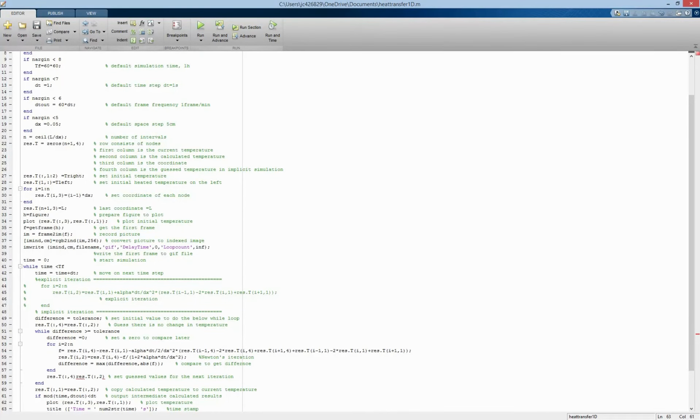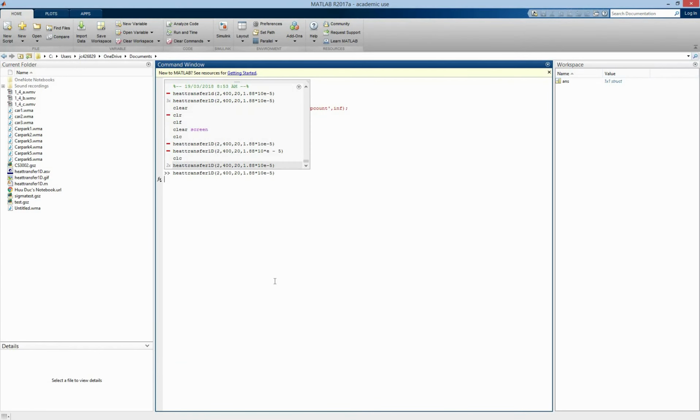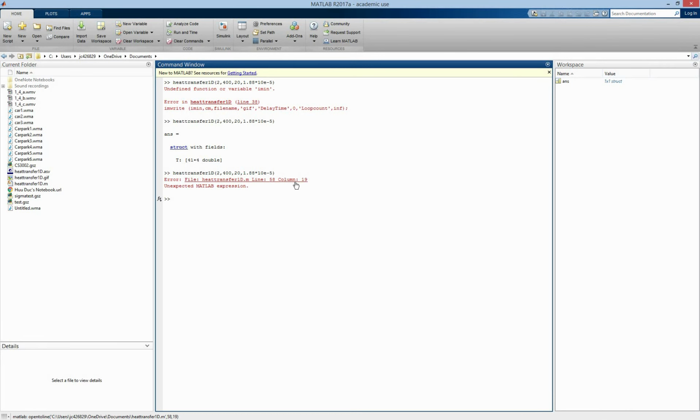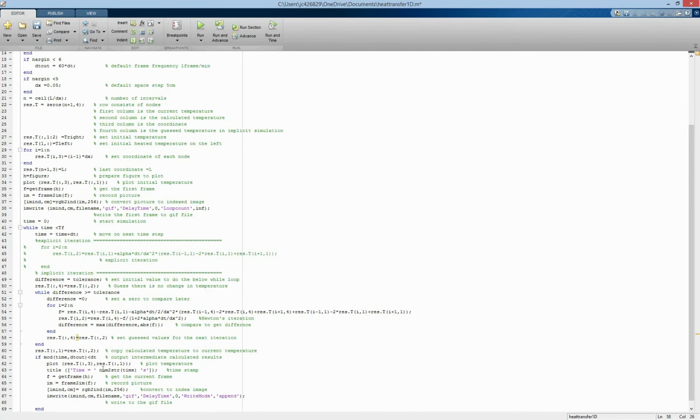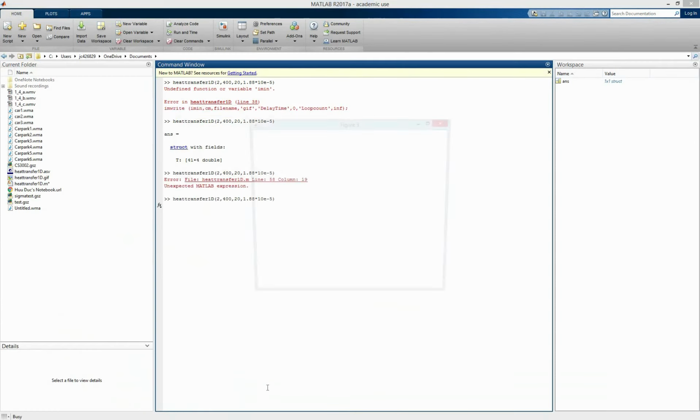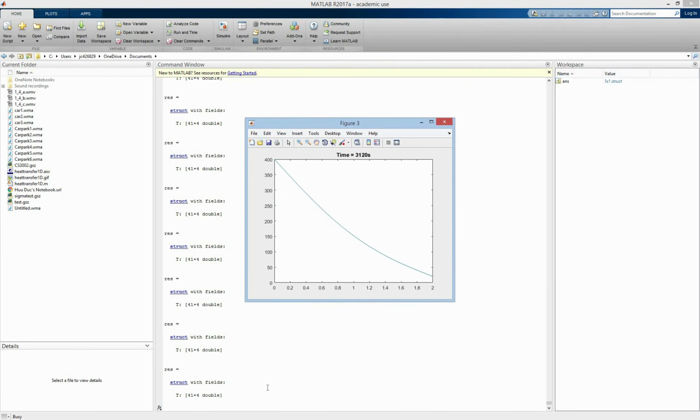Please don't forget an equal sign over there. Yep, an equal sign over here. Now run it again. And I think the solution is almost the same.